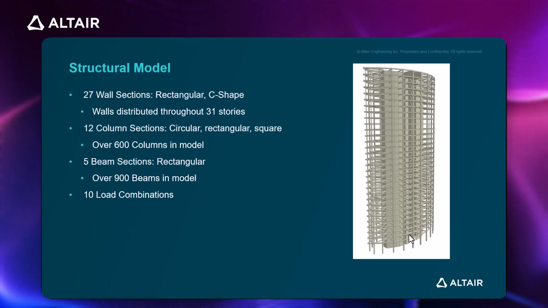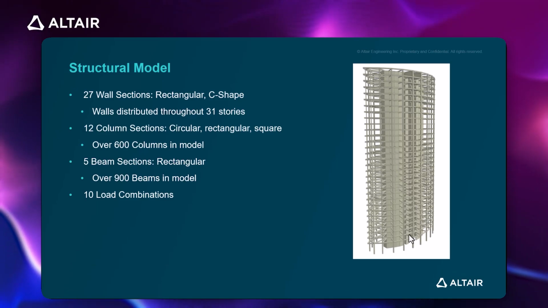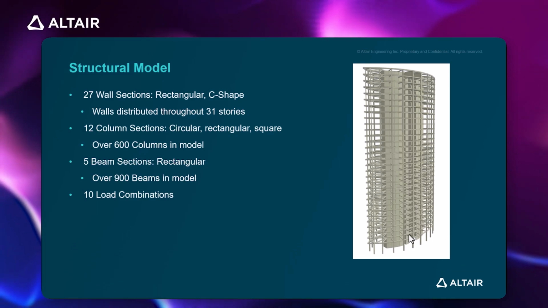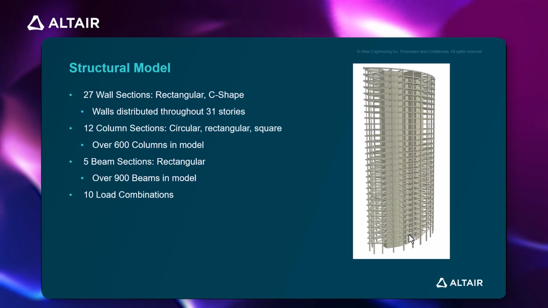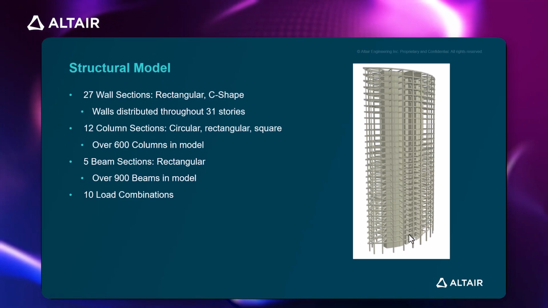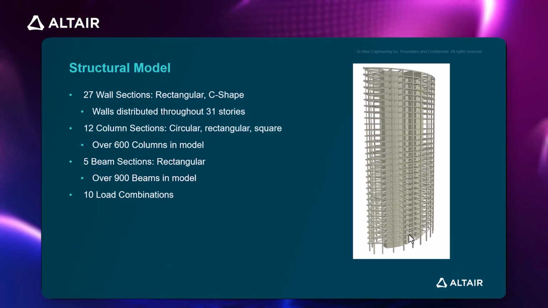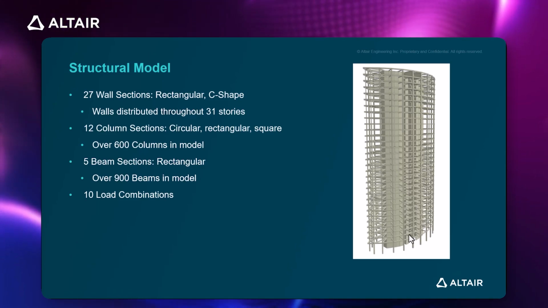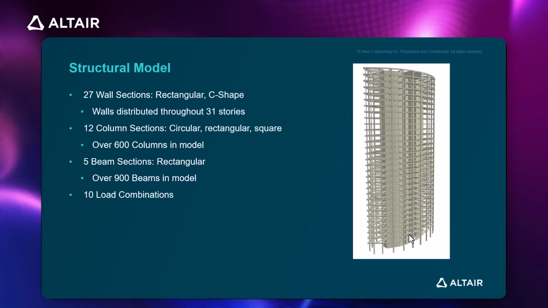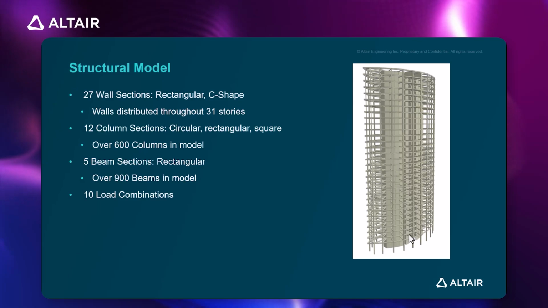We have 27 different wall sections divided in two types, two different geometries, rectangular and C-shaped, as mentioned through the 31 stories. We also have 12 column sections between three different section shapes: circular, rectangular, and square. So we have over 600 columns in this model.